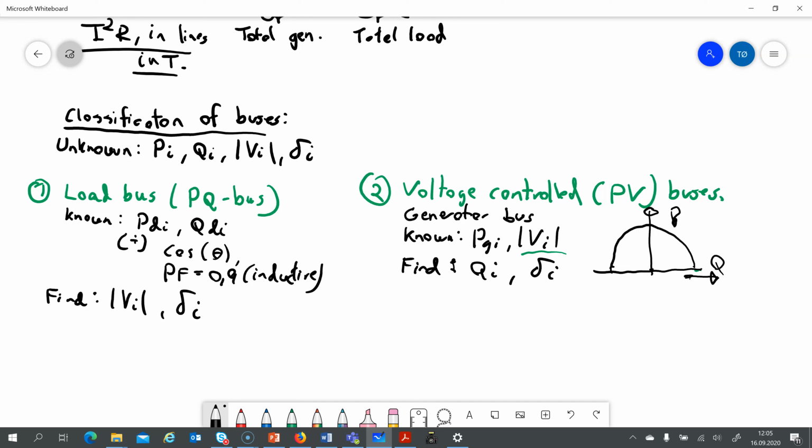Another thing is that you typically solve the load flow and find the angles and everything, and after solving the power flow problem, you can calculate the reactive power from here.